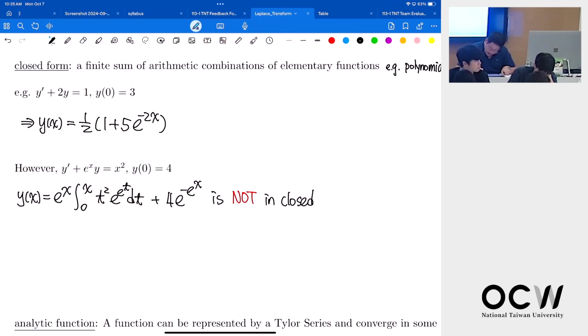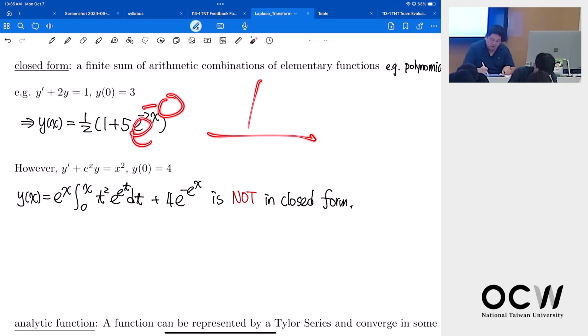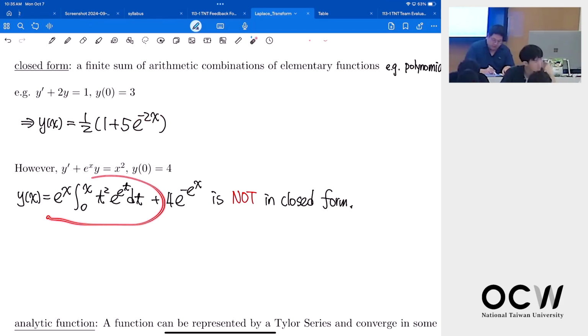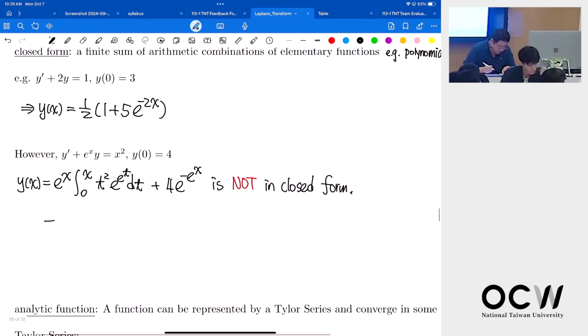And since it is not in closed form, can you imagine this solution? How does this solution look? For this one, I have an exponential. I know that it's exponential to the minus something, so it will decay. But this one, I have an integration inside, and there's no specific term to express that. So first, it'll be difficult to graph.